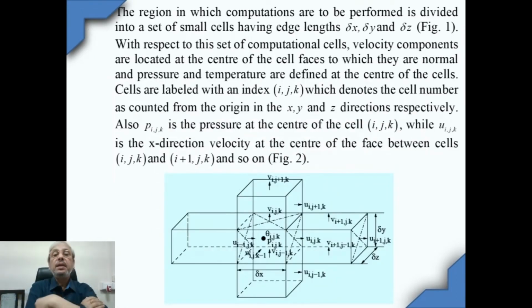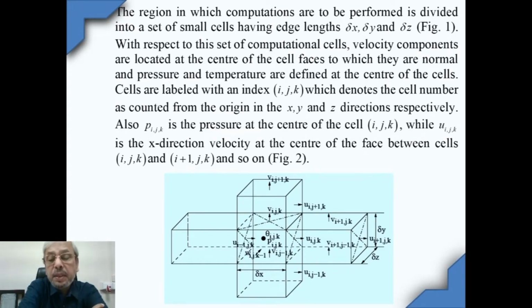The region in which computations are to be performed is divided into a set of small cells having edge lengths delta X, delta Y, and delta Z. We have already seen that. With respect to this set of computational cells, velocity components are located at the center of the cell faces to which they are normal.